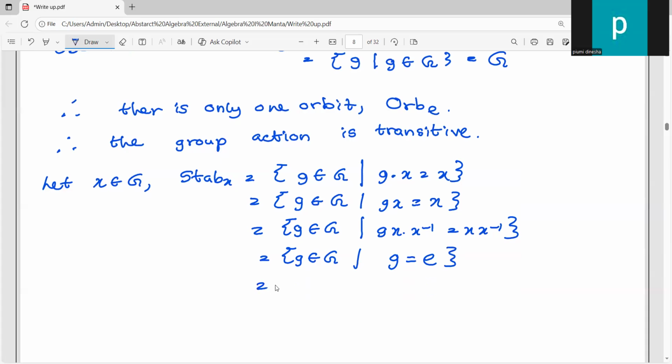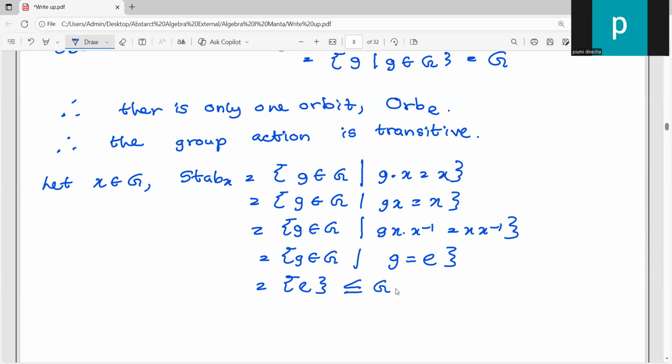So what does this set contain? Every element in G such that g is equal to the identity. In other words, simply the identity. Now x is chosen arbitrarily from the group. So for any element, the stabilizer will always end up being the trivial subgroup of G, the subgroup containing only the identity.